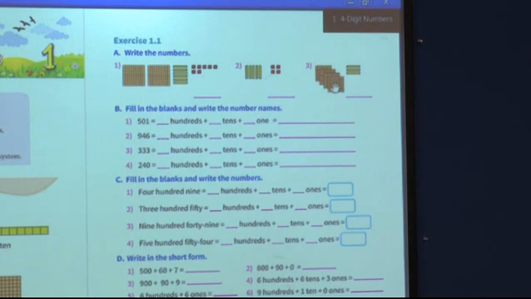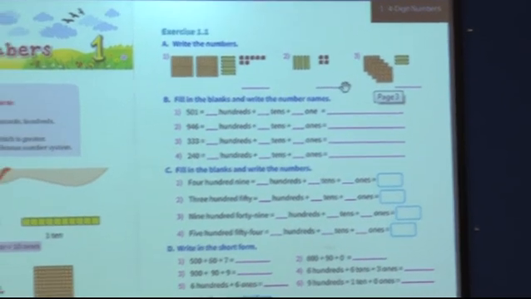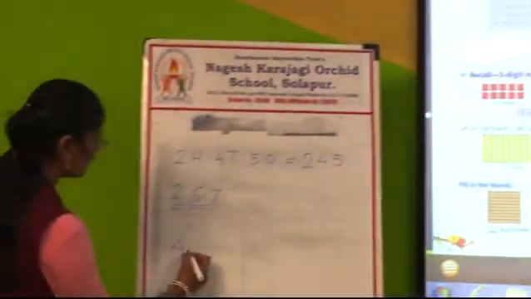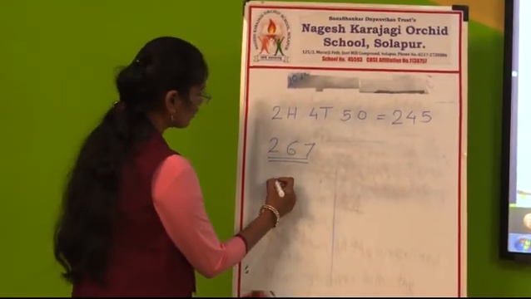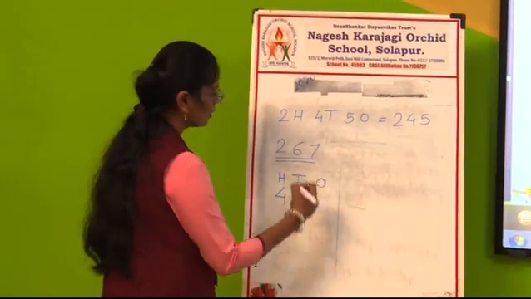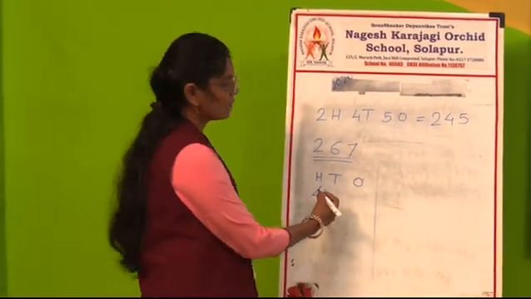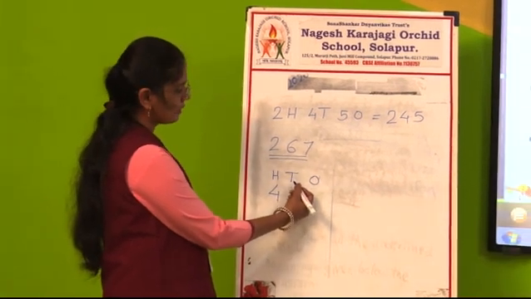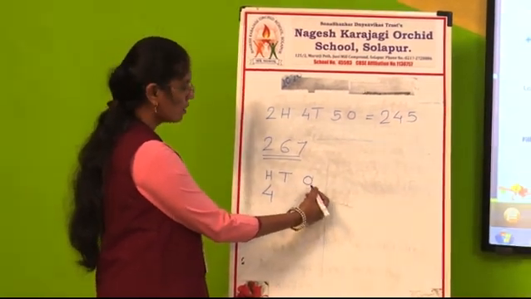Now see this third example. It is a very interesting example. Now let us count how many sheets are there. 1, 2, 3 and 4. There are 4 sheets of 100. So I will write here 4. On the top of the number, we always write H, T and O. H stands for hundreds, T stands for tens and O stands for ones.